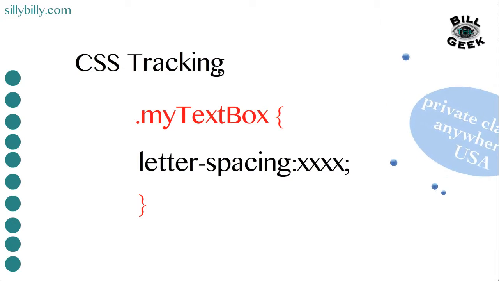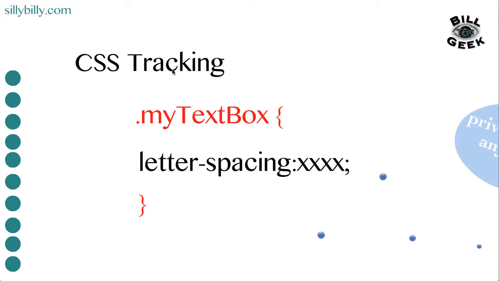Then there's CSS tracking. CSS tracking, the space between letters. Wow, this makes sense. Letter spacing. And then the value would be here, the space between letters. And you can do this in any box, or you can apply it to words through the span methodology, which we'll do in Dreamweaver.